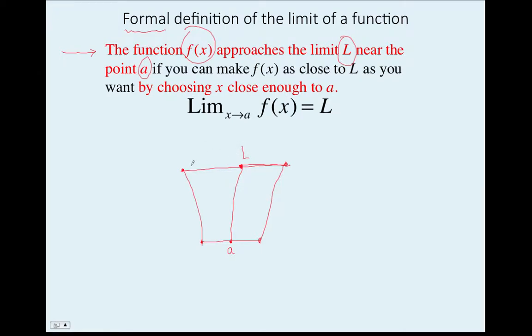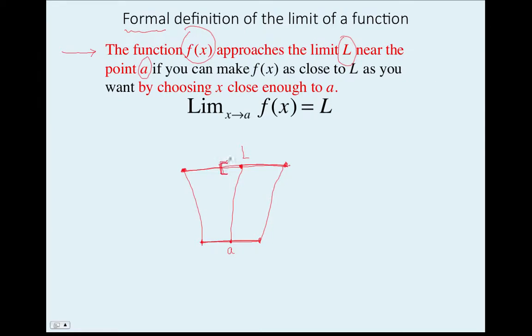Now, the statement that the limit exists is to be read as the following. If this interval is made smaller and smaller, then corresponding to that, if we can find an interval down below, then the limit exists. To repeat, let's take any small interval, and this interval can be very, very small.